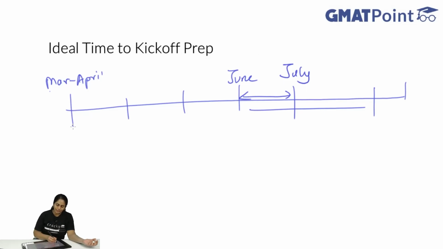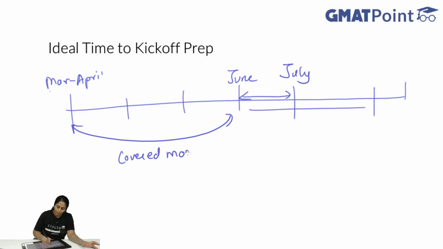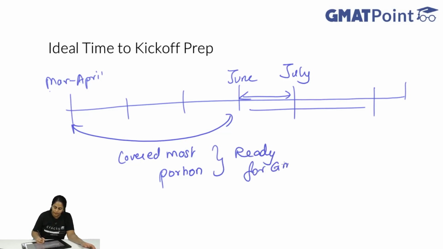So you can essentially start preparing in this period, have a 3-month head start, so that once the application window actually opens, you have covered most of the portion, practiced quite a bit, and you're ready for the GMAT exam. This is what you should try to do: prepare 3 months before the application window opens, so that you are ready to give the exam once the first application window opens.